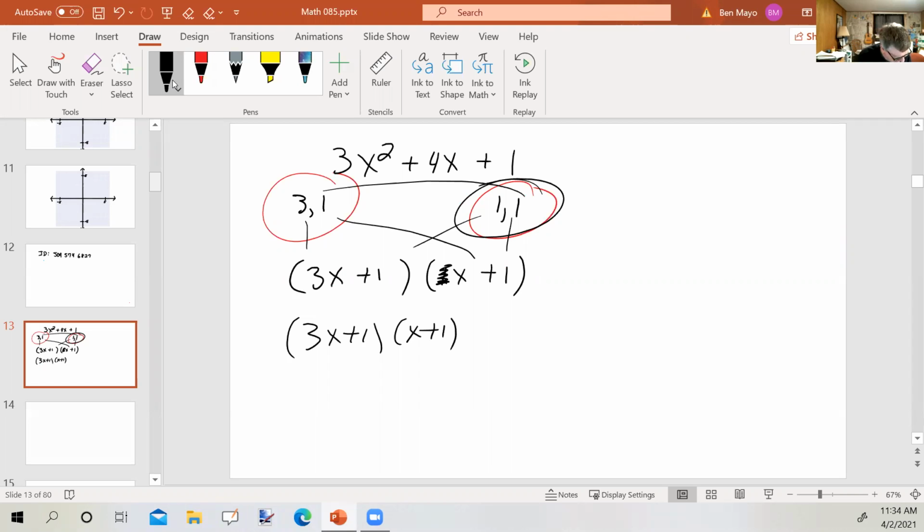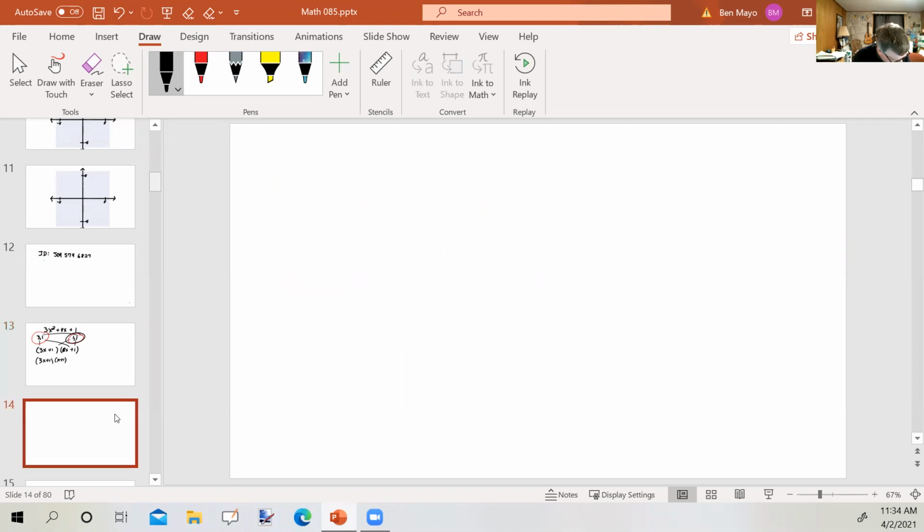Let's look at another one that's a little bit more complicated. 15a squared minus 28a plus 5. This is a trinomial. It is in descending powers or standard form.